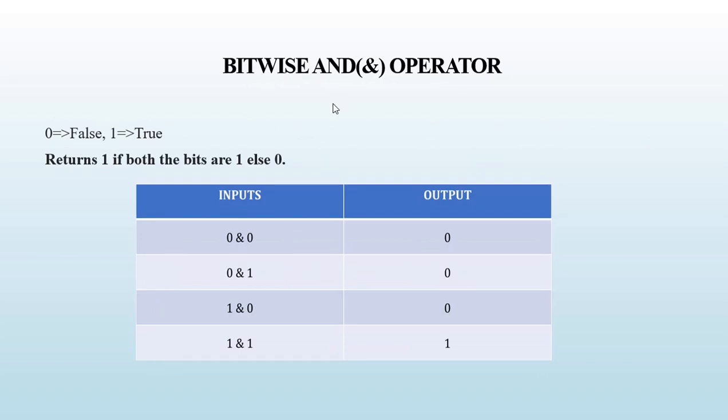First, the bitwise AND operator. This is the bitwise AND operator table. If both the inputs are true only, we will get output as true. If any one of the inputs is false, we will get output as false in the bitwise AND operator. Got it?